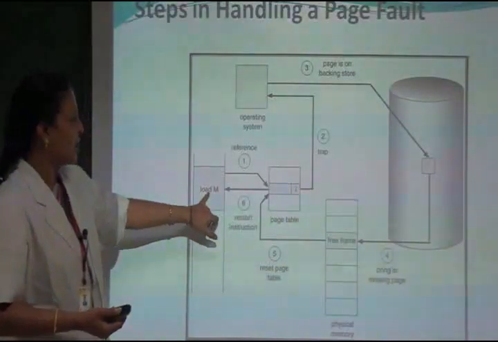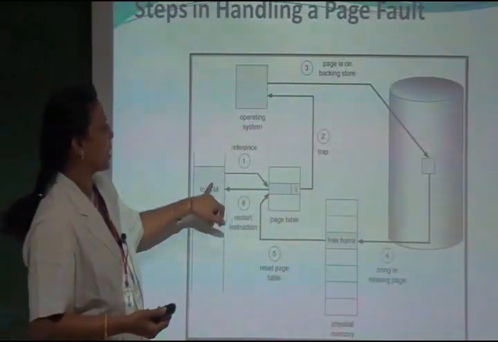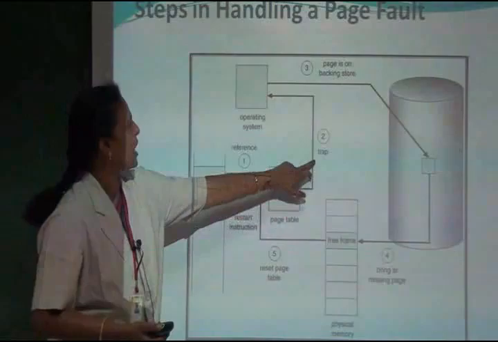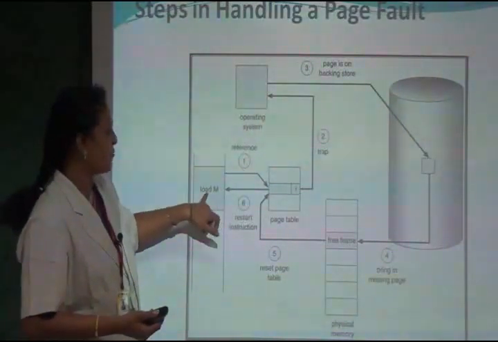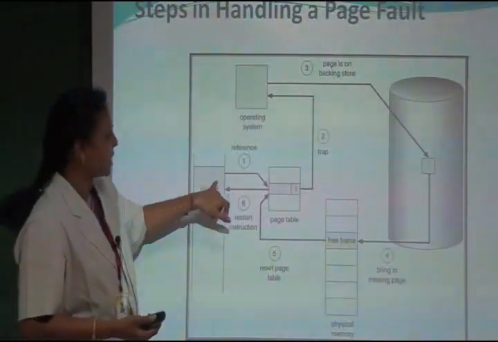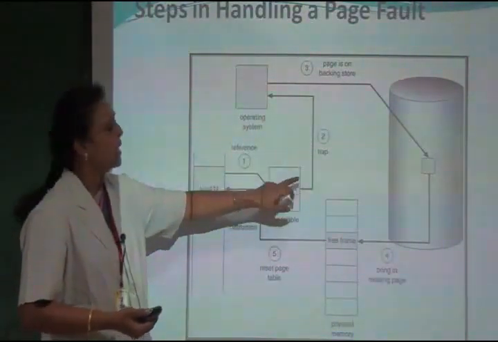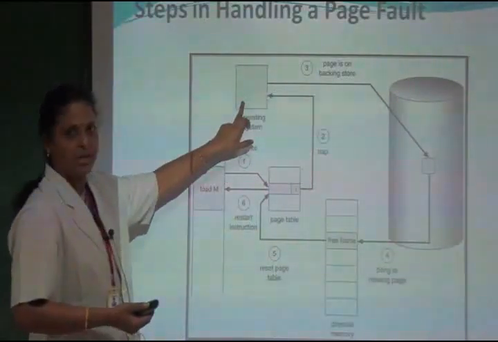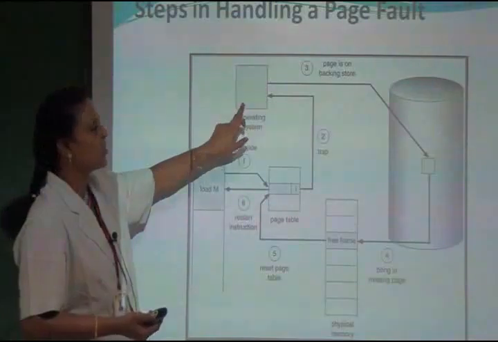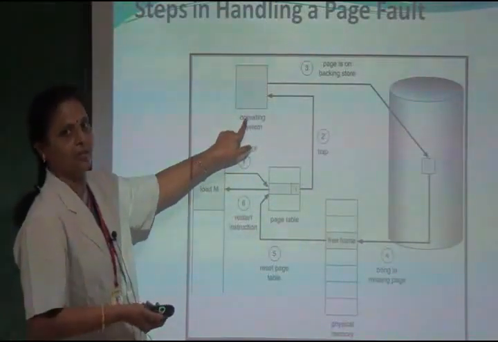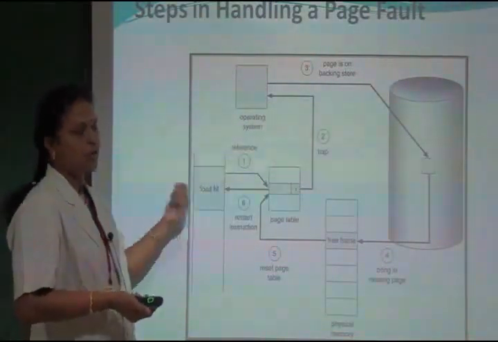If it is not available, then that program will immediately send a trap message to the operating system. First it will try to refer to this page. If that page is not available in the page table, it sends a trap message, that is, a page fault message, to the operating system, so that the operating system has to bring that page into the physical memory.